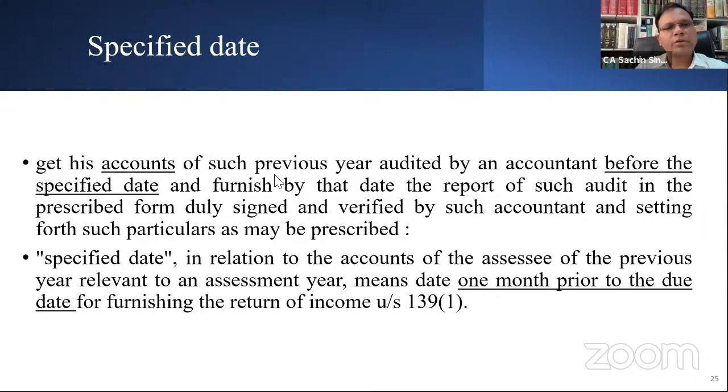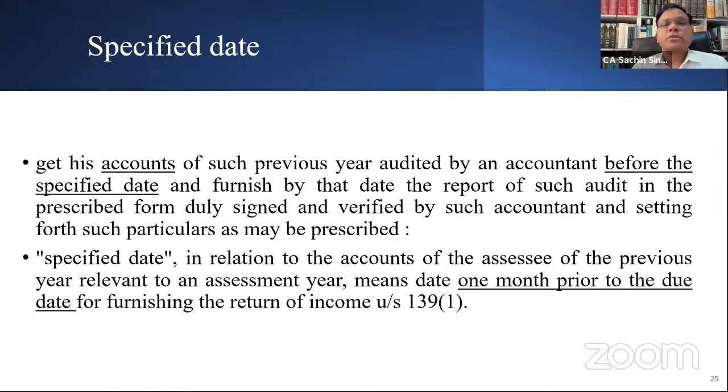This is very important to understand. Get his accounts audited of such previous year, audited by the accountant before the specified date, and furnish by that date the report of such audit in the prescribed form duly signed and verified by such accountant and setting forth the particulars as may be prescribed.